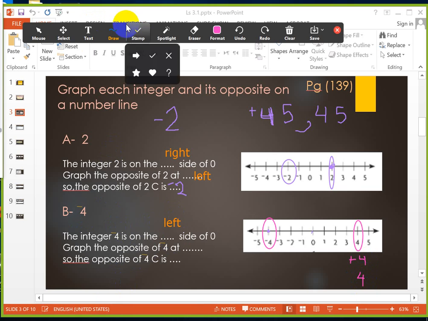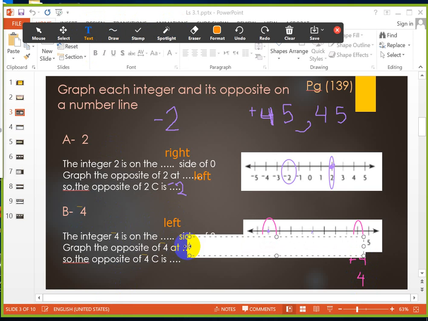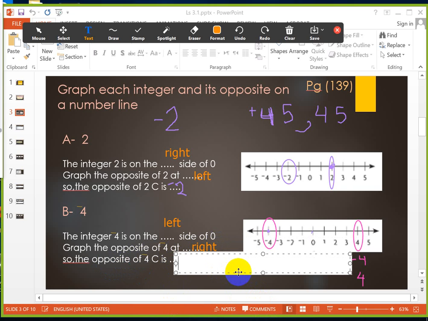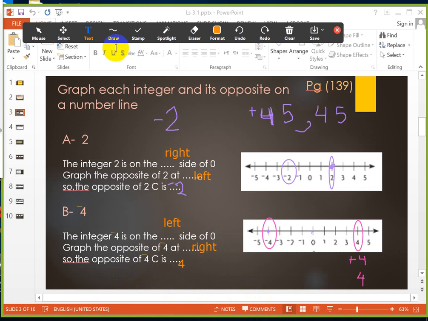So the opposite of this number will be on the right, as we said, and it will be 4, or I can say +4. Okay, girls? Any question? So these are the integers. Let's continue now.